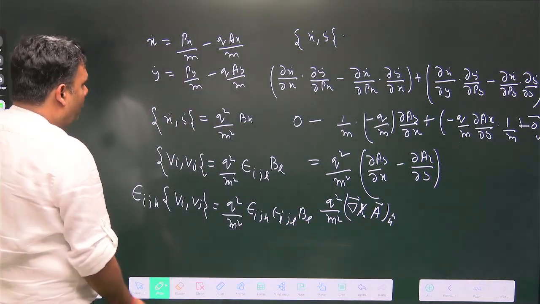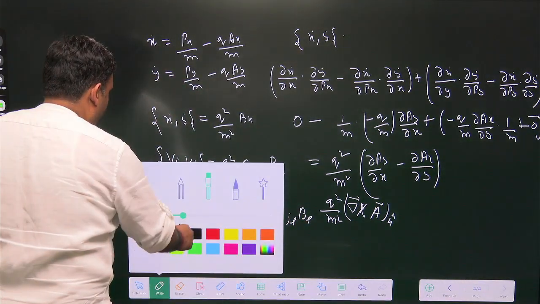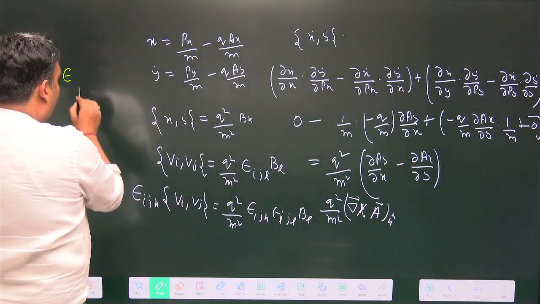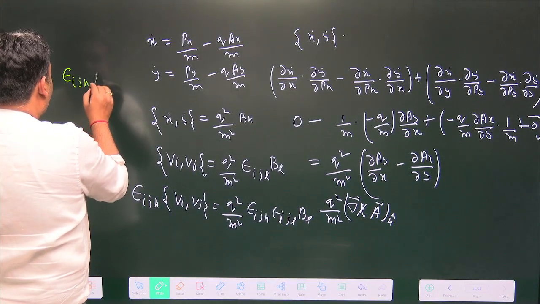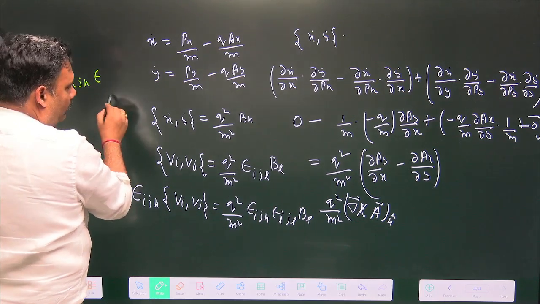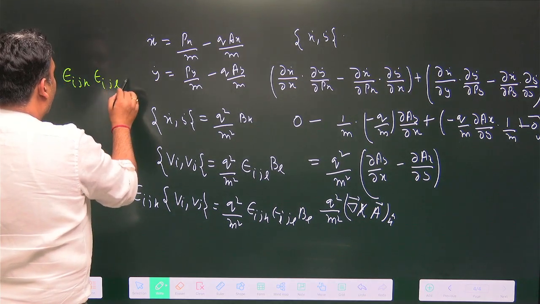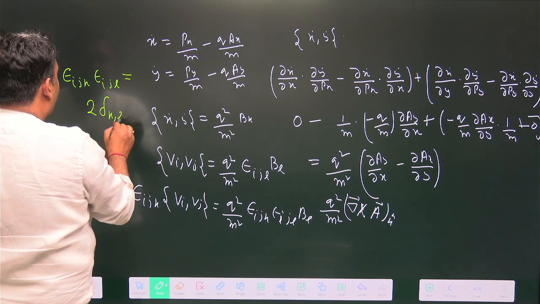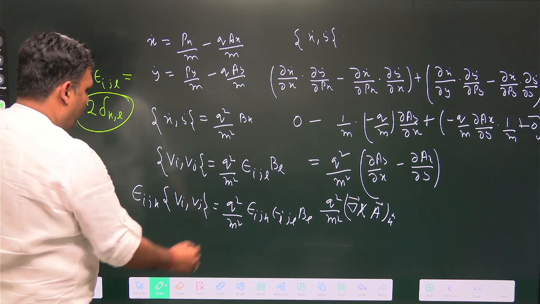And we have the information on the Levi-Civita tensor: epsilon ijk and epsilon ijl is equal to 2 times delta kl. So we will use this information.